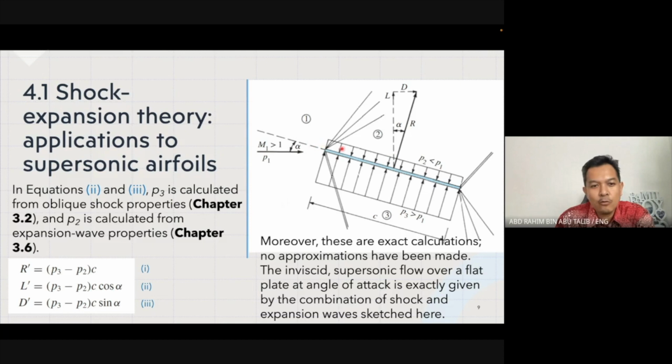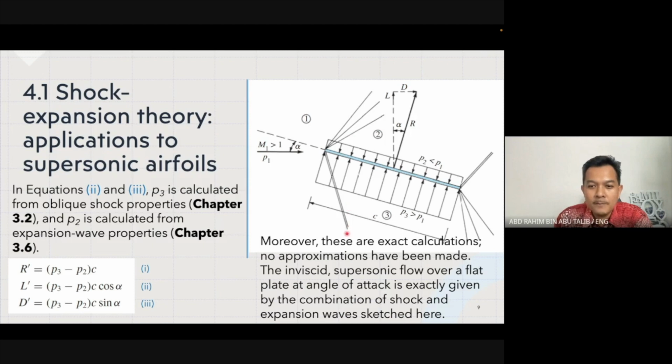Because an oblique shock happens down here and an expansion wave happens up here, when you want to find the properties of P3, you use the oblique shock properties, and when you want to find the properties for P2, you use the expansion wave, the Prandtl-Meyer appendix, with the formulas that we have already looked at in chapter 3.6.